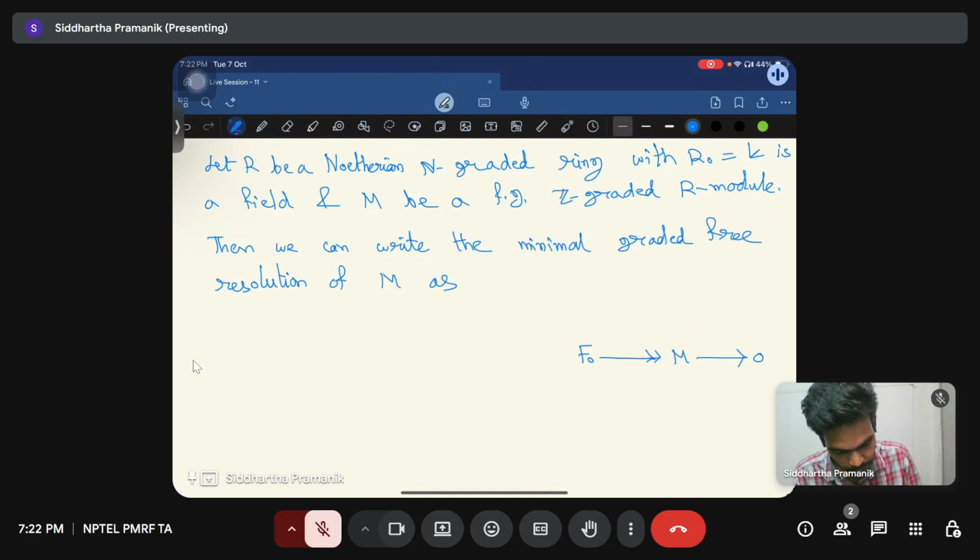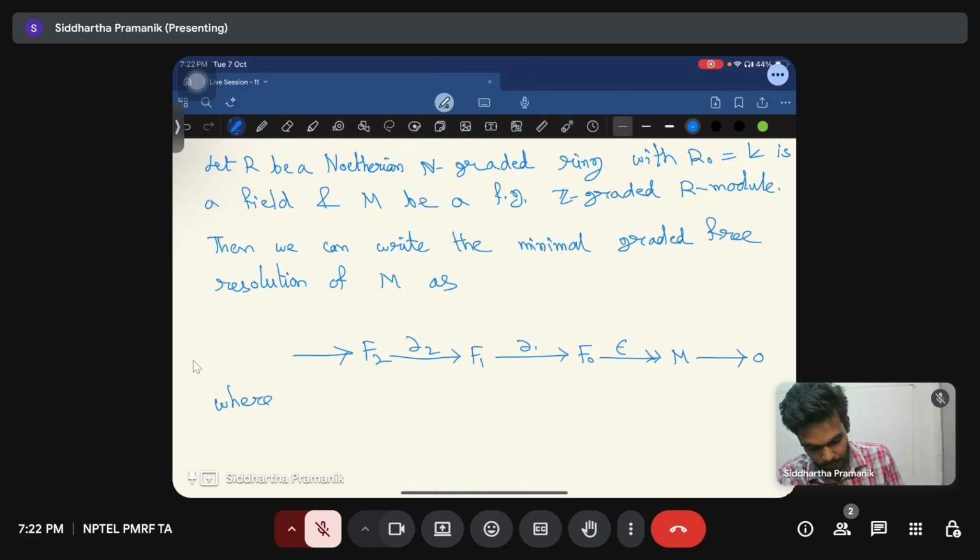Let's call this map epsilon. Again take F1, a graded free module, with map delta 1. Again take graded free module F2, with delta 2, and so on. Where this Fi can be written as direct sum of R shifted by minus j to the power beta i comma j of M, and this is varying over Z.